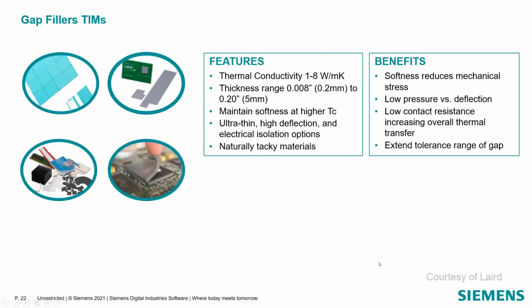Finally, what we tested was gap fillers. Here you can choose materials in a wide range of conductivity coefficients, 1 to 8 watt per meter Kelvin bulk, and a wide range of thicknesses depending on the application. These materials from Laird are low deflection, so you can also achieve a low mounting pressure when you create your assemblies.